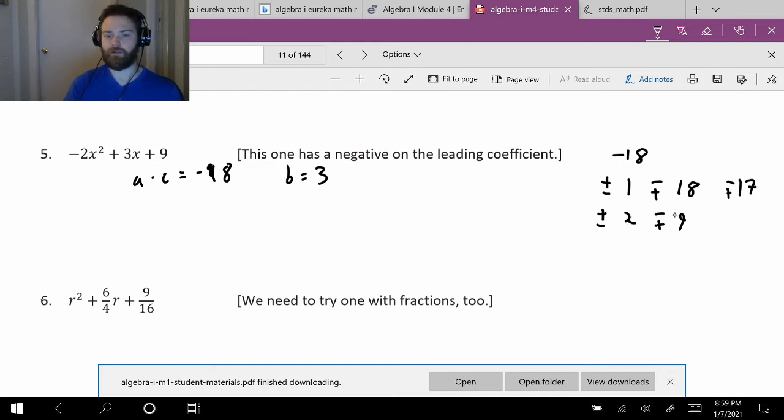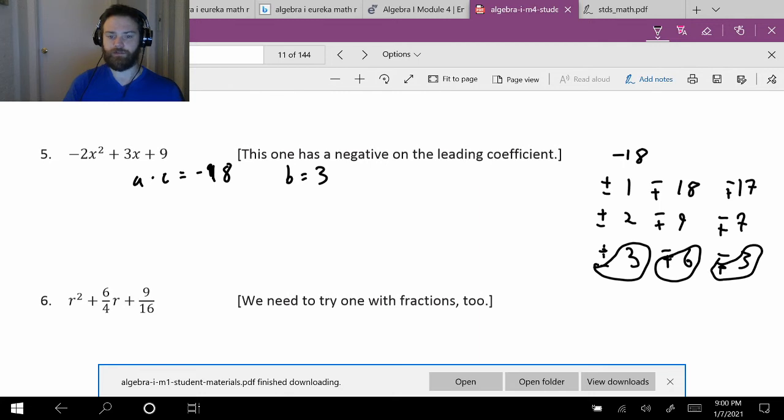So then 2 minus 9, negative 7. And it is divisible by 3 as well. Lots of divisible by 3s today. 6. Yeah, so 3 minus 6 is negative 3, and then positive 3 for the other. So we're looking for positive 3, so our two factors are negative 3 and positive 6, and that gives positive 3.